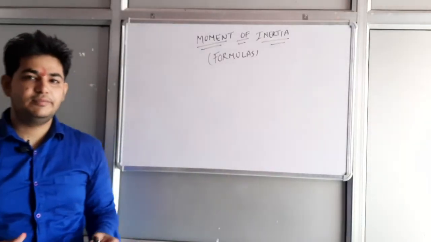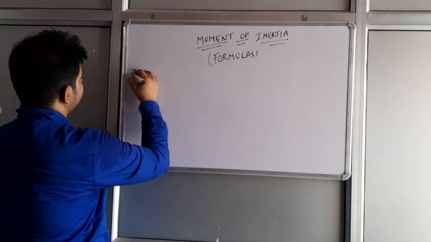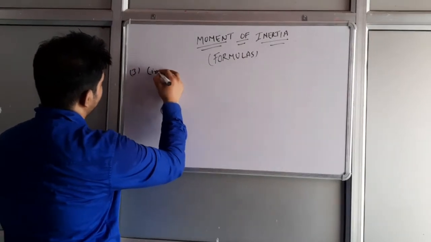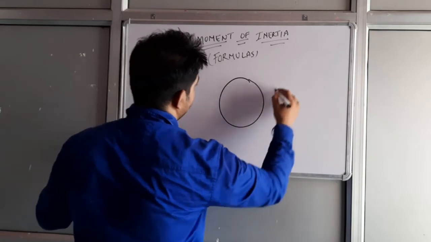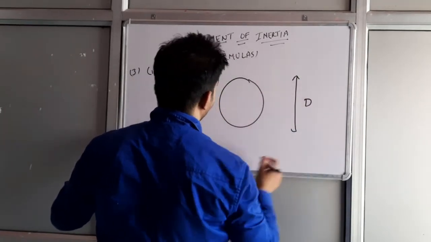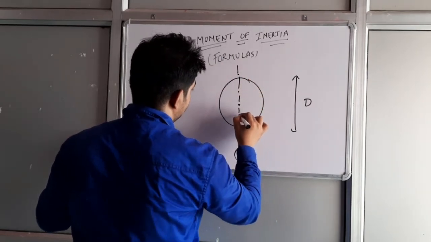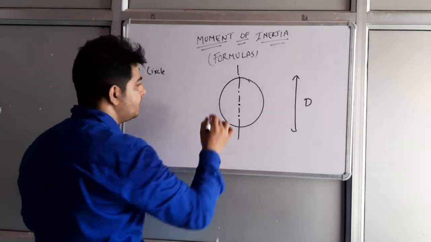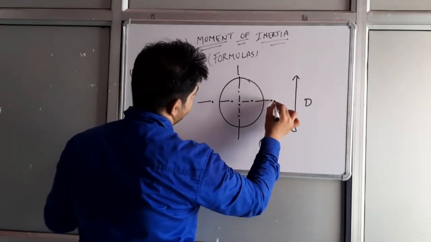Now we will discuss circle. Third one is circle. So let us now draw a figure. The diameter of the circle will be capital D. This is y-axis. This is x-axis.